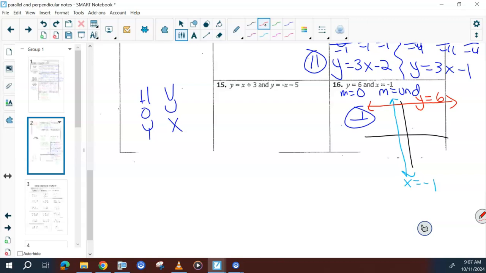They're always going to cross and make that T, that 90-degree angle. But if I had 2y equals just a number, those would be parallel because they have the same slope. Or 2x equals, those would be parallel because they have the same slope. Questions about that?